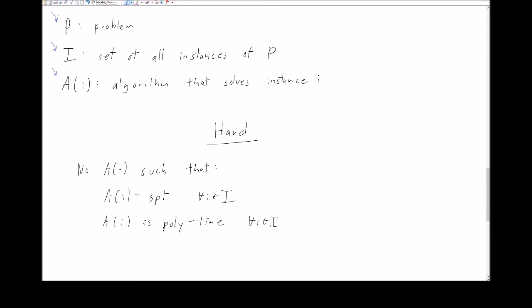A hard problem is defined by a problem where some algorithm doesn't exist. Specifically, if a problem is hard, we can't find any algorithm so that two conditions are true. The first condition is that for every instance, this algorithm has to output the optimal solution, and second, for every instance, this algorithm has to run in polynomial time. There is no algorithm for a hard problem that satisfies both of these conditions. This is what it means to be hard.